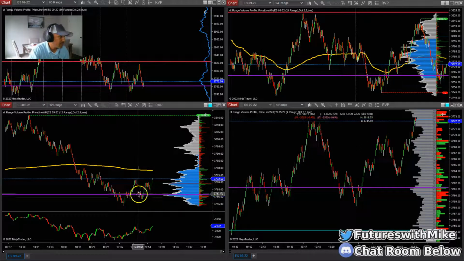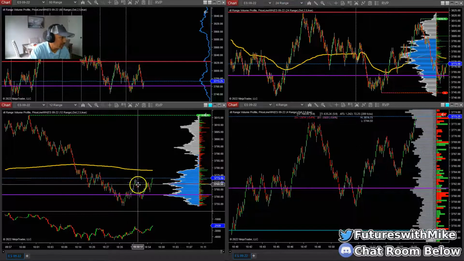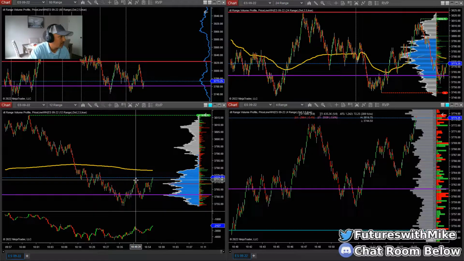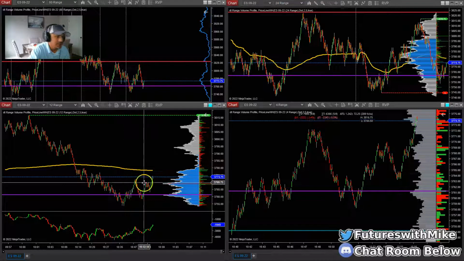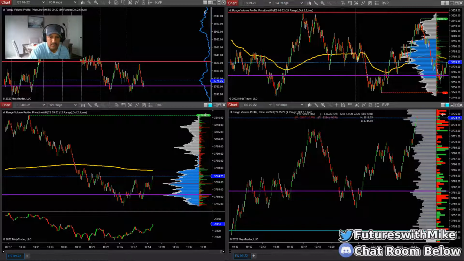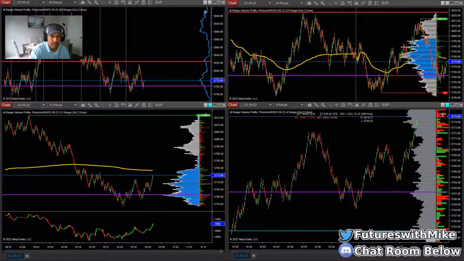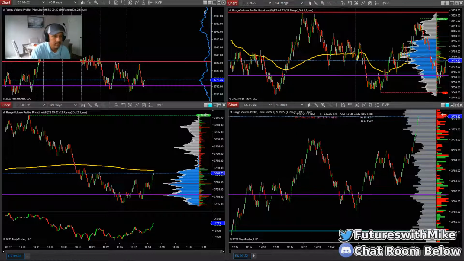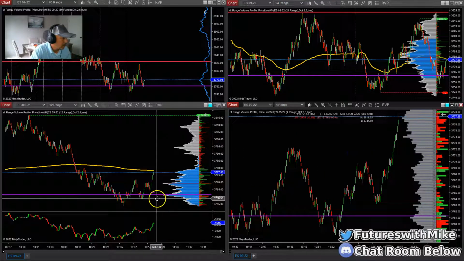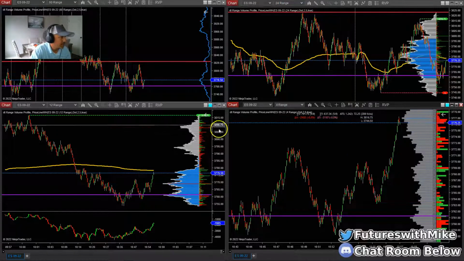Looks like it may try to push higher now and break through resistance to the upside. So I'm breaking some more structure. There we go. So now it's breaking more structure to the upside here.